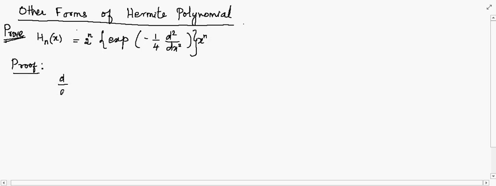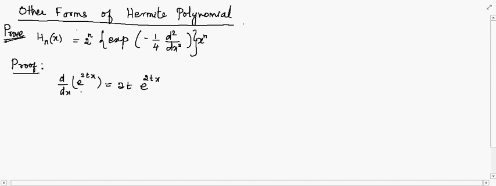First, we will consider d by dx of e power 2tx. Differentiating this term with respect to x, we will get 2t into e power 2tx.